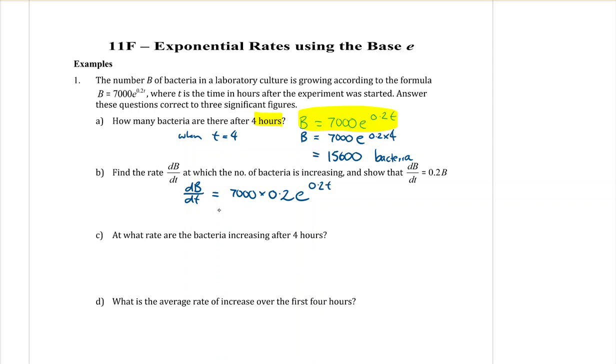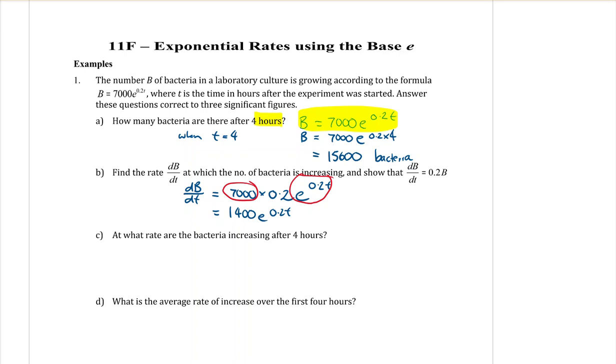Now 0.2 times 7,000 is 1400 e to the 0.2t. So I have found the rate at which it is increasing, but I am also asked to show that it is equal to 0.2 times B. Now back in the first line of working out, the 7,000 e to the 0.2t, those two parts there, that is what B was equal to.